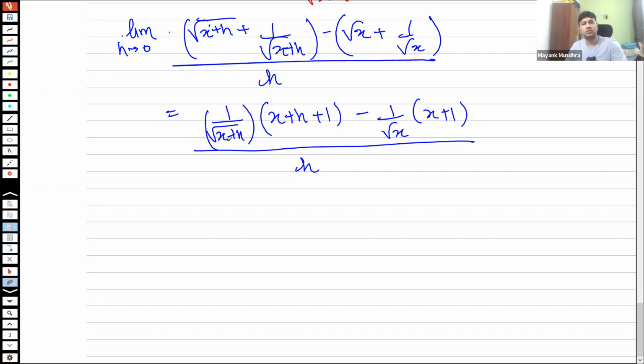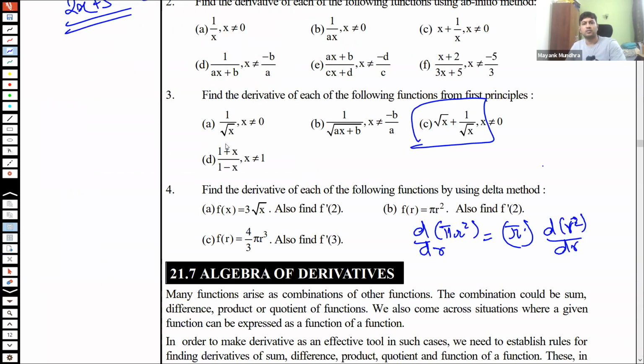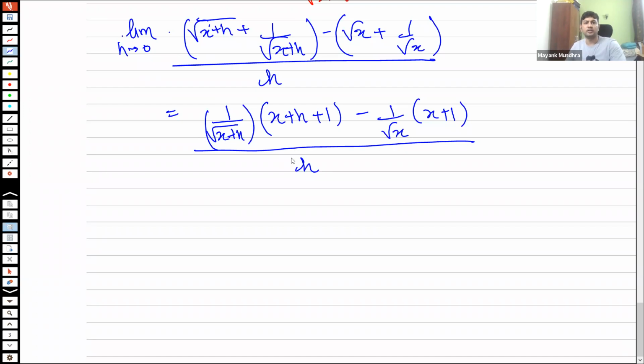I mean, you can use L'Hopital definitely, but I don't want to use L'Hopital when I'm learning differentiation. So obviously that would defeat the purpose. I think this works with the expansion of (a plus b) to the power half. The expansion, say, would happen.